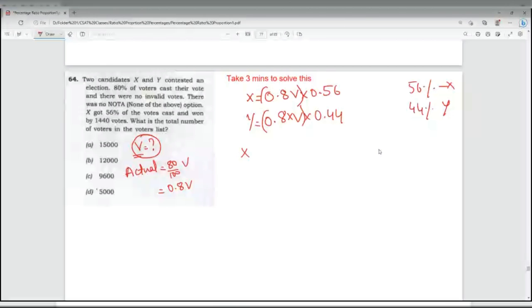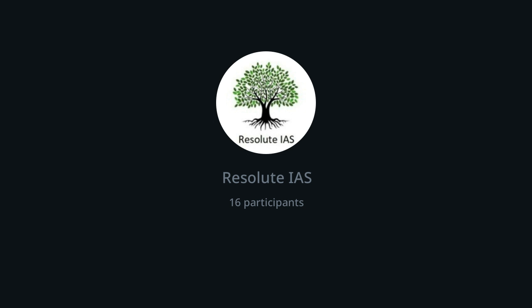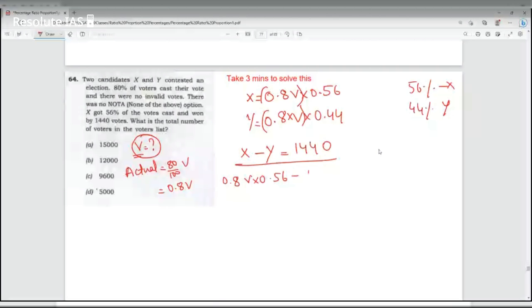So the number of votes won by X and the number of votes garnered by Y, the difference is 1440. This is the equation. These two are the initial equations that we have calculated. So we'll substitute the value of X here and Y here. X is 0.8 V into 0.56 minus Y is 0.8 V into 0.44 is equal to 1440.